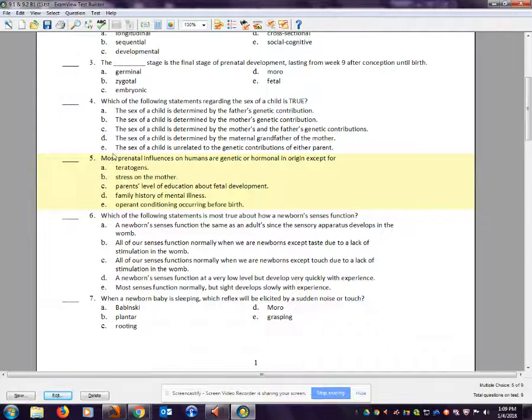All right, number 6. Which of the following statements is most true about how a newborn's senses function? Most senses function normally, but sight develops slowly with experience. So that's going to be choice E. What we know about newborns is that when we're born, hearing is our dominant sense because we have such poor vision.